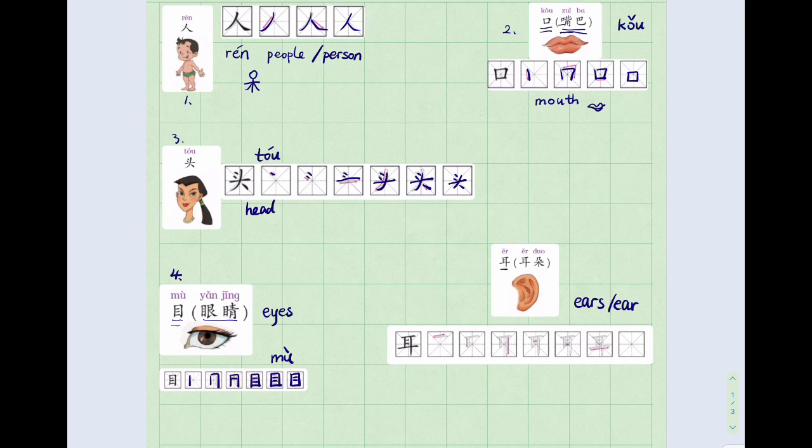Okay, let's write down together. 1, 2, 3, 4, 5, 6. Okay, 6 strokes, you will have 耳. It's read as ěr. More practice is needed, of course.